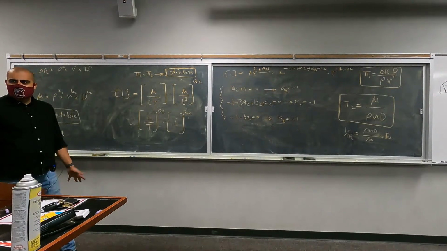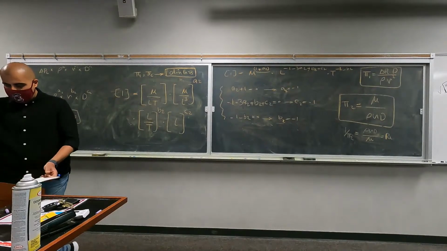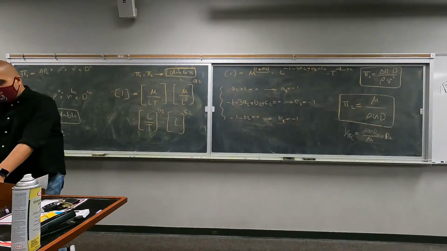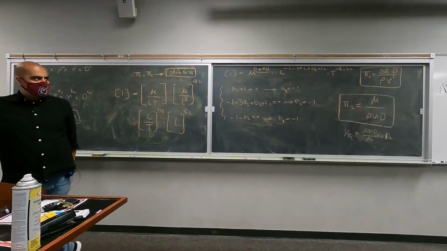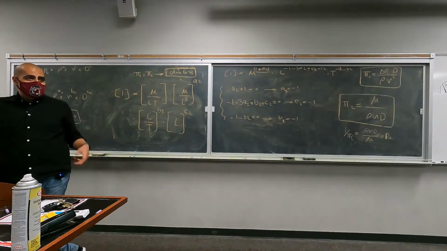Is this clear? Is this methodology clear? Do you understand how to apply the dimensional analysis, apply the Buckingham pi theorem, and do this type of analysis? Again, you don't have to use the MLT system for primary dimensions, you can use the FLT system, just have to be consistent.